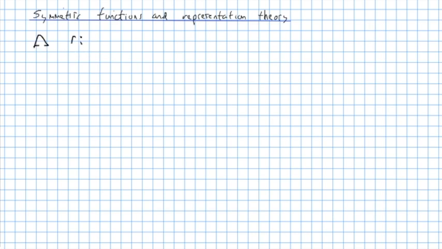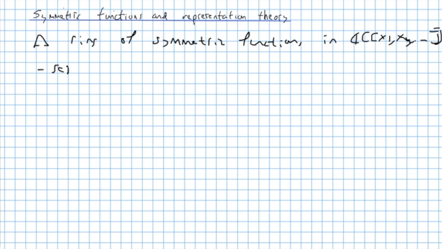So this is the ring of symmetric functions, which belongs to the set of power series we had before. And this ring, as a vector space over C, has several interesting bases.